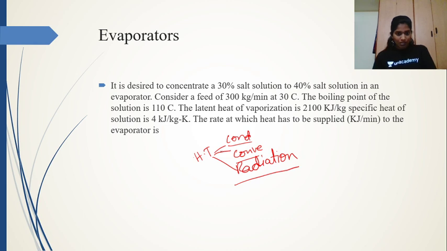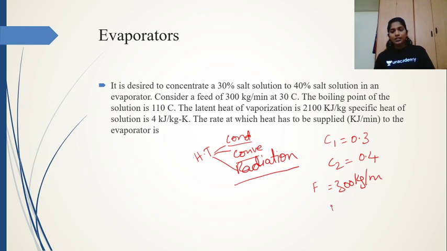Okay, now let us get into this question. The initial concentration of the solution is 0.3 and the final concentration is 0.4, right? Considering a feed of 300 kg per minute at 30 degrees centigrade, the feed flow rate is 300 kg per minute and the feed temperature is 30 degrees centigrade.